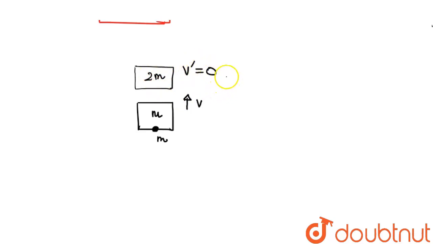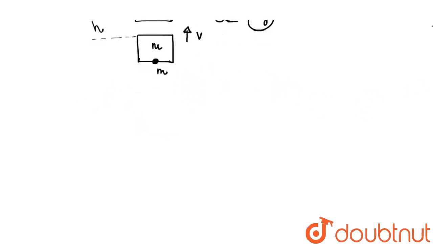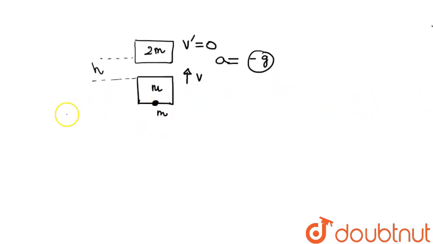Also, while it was moving up, the acceleration due to gravity will be minus g, because we have taken up as positive and down as negative. The distance that it traveled, we have taken as h, so we have to find the value of h. We will be using v square equals u square plus 2as. The final velocity will be 0, because it is coming to rest.